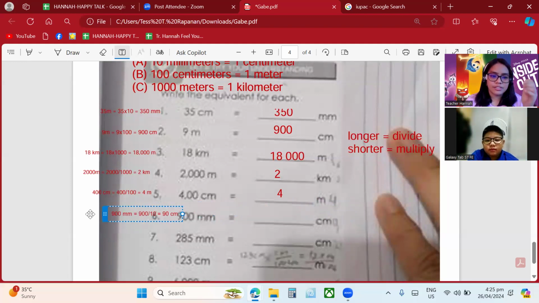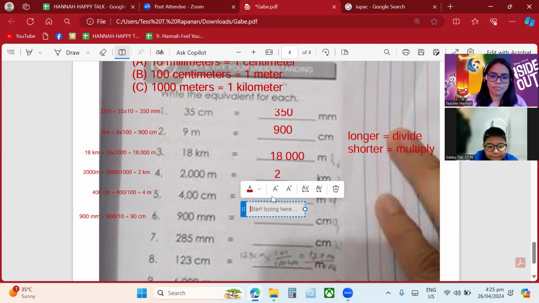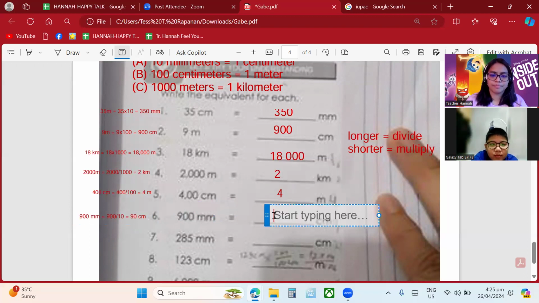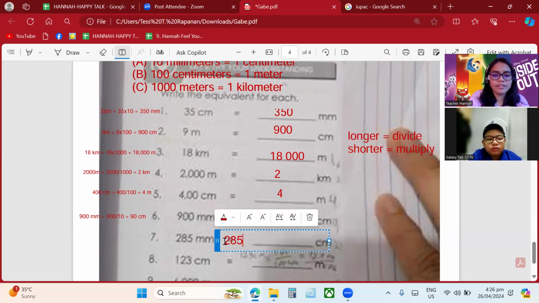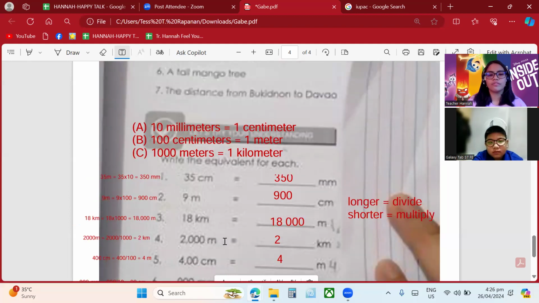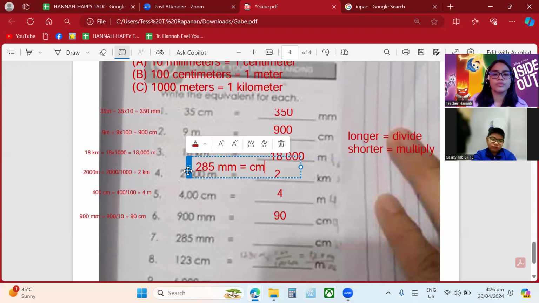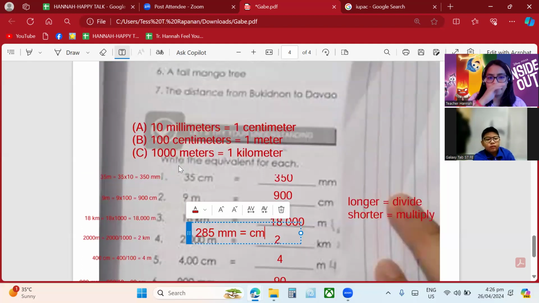So next, let's try number 7. We have 285 millimeters going to centimeters. So what conversion are we going to use? Letter A. Very good.